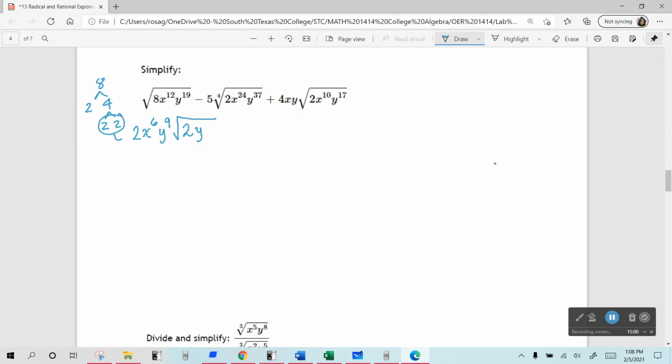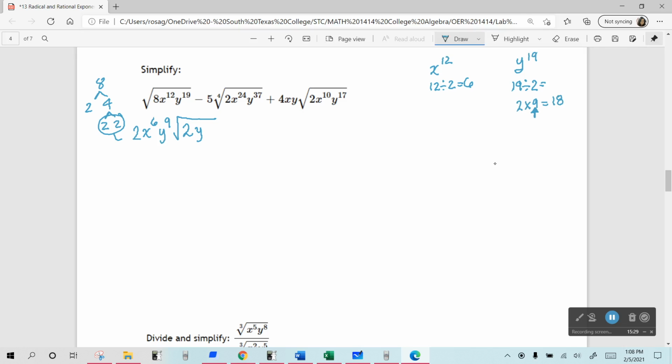Now that went by kind of fast, but think about x12. So 12 divided by 2 is 6. And that's how I got that one for the x12. y19, 19 divided by 2. Well, how many times does it fit? It fits 9 because it gives you 18. But I still need one more, and that's where the extra y comes in.